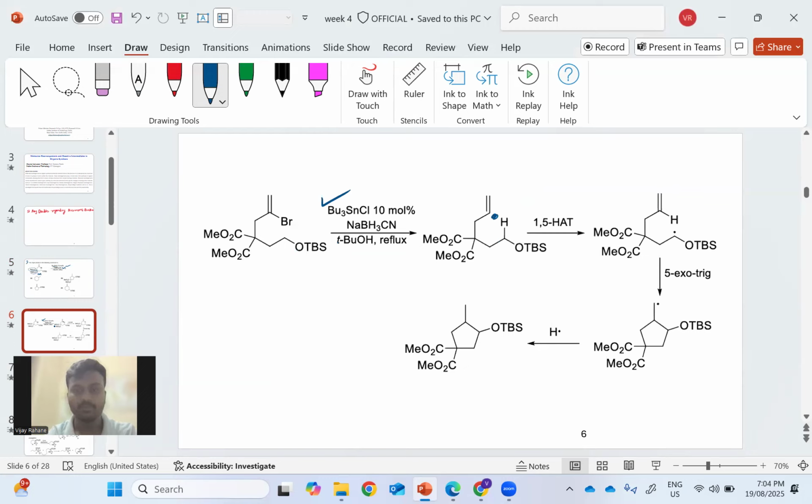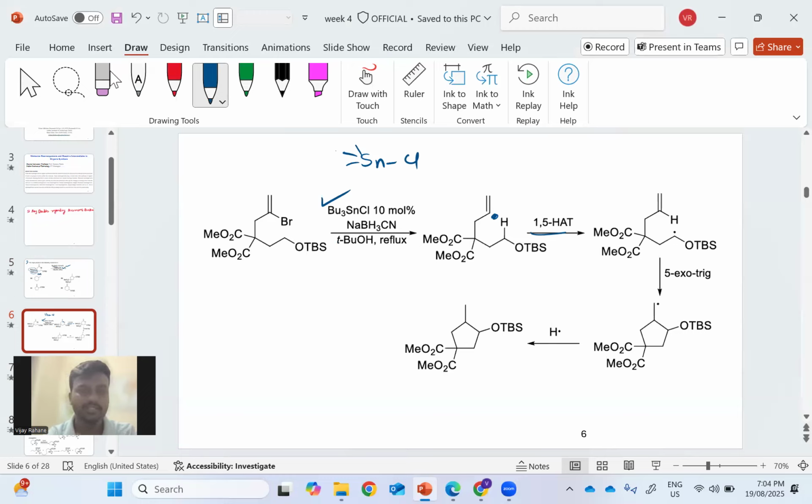The tin reagent helps to form the radical in presence of sodium cyanoborohydride. So this radical forms at the vinylic position, and it undergoes a 1,5 hydrogen atom transfer reaction.